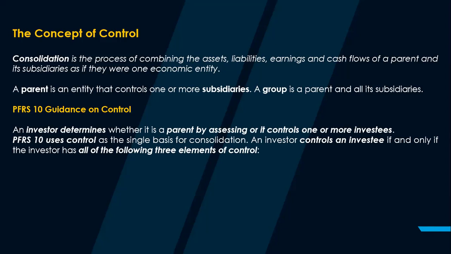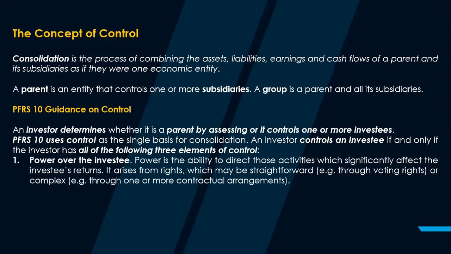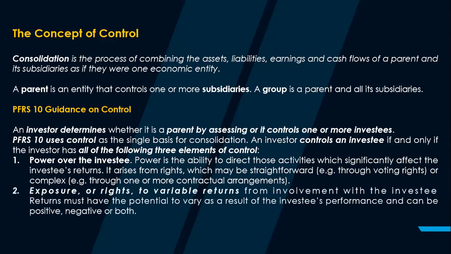An investor controls an investee if and only if the investor has all of the following three elements of control. Number one, power over the investee. Power is the ability to direct those activities which significantly affect the investee's returns. It arises from rights, which may be straightforward, such as through voting rights, or complex, such as through one or more contractual arrangements.